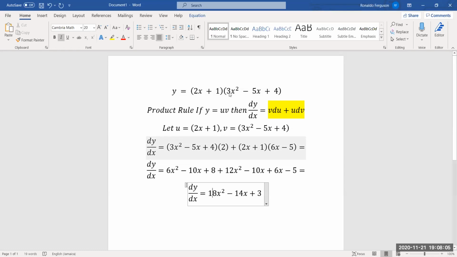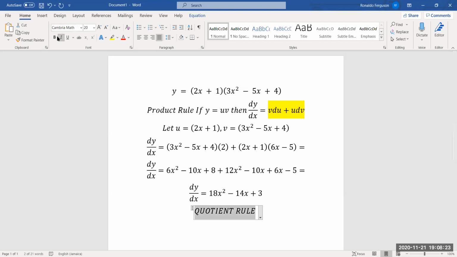All right. Now let's look at the second example using the quotient rule. So let's use the quotient rule now.